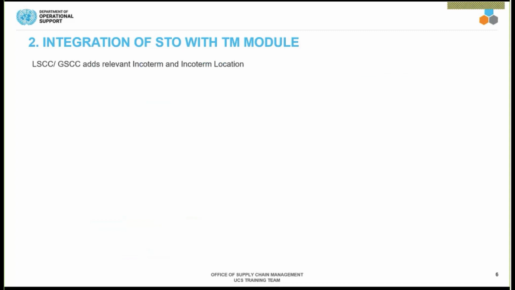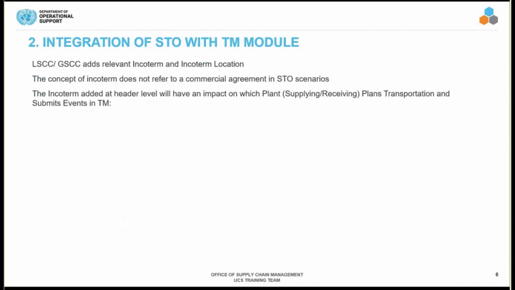The local supply chain coordinator or global supply chain coordinator adds the relevant Incoterm and Incoterm location. And in this case, the concept of Incoterm does not refer to a commercial agreement, but it refers to the segregation of responsibilities, who is going to plan the transportation for the materials.